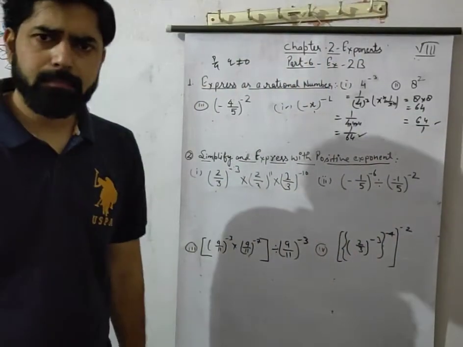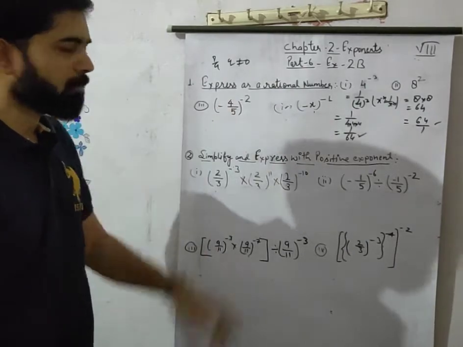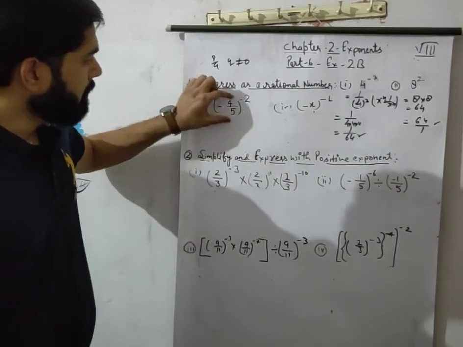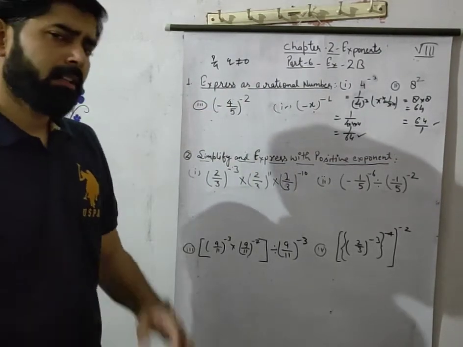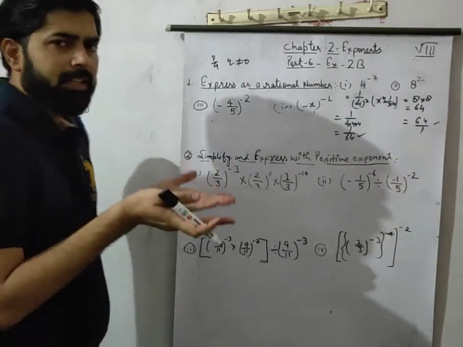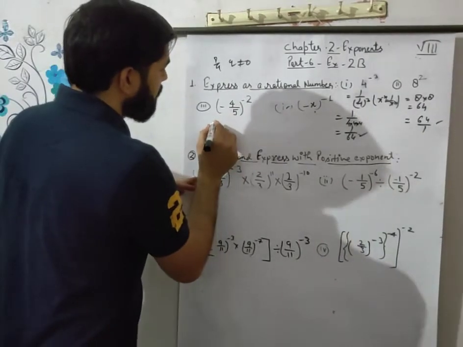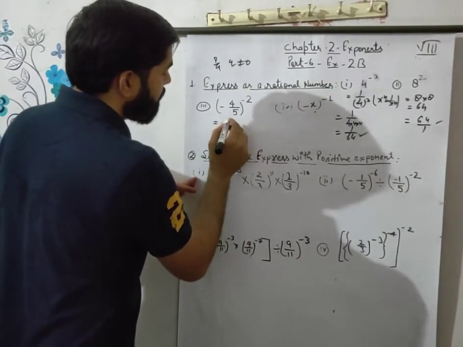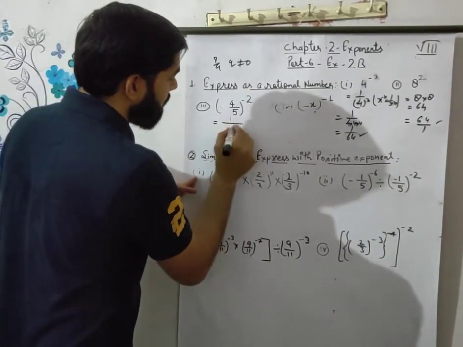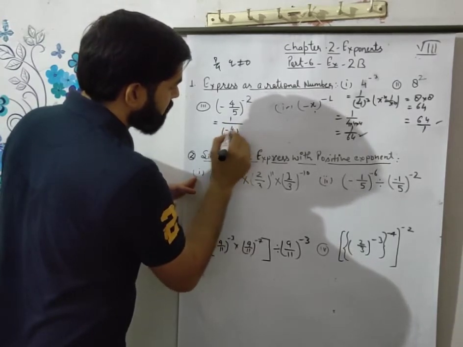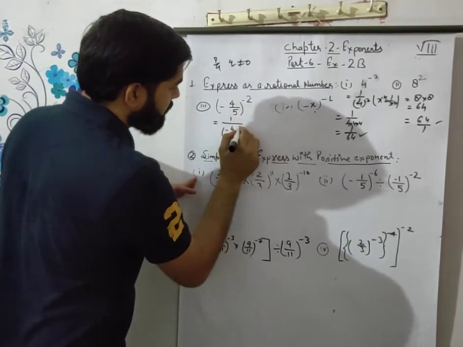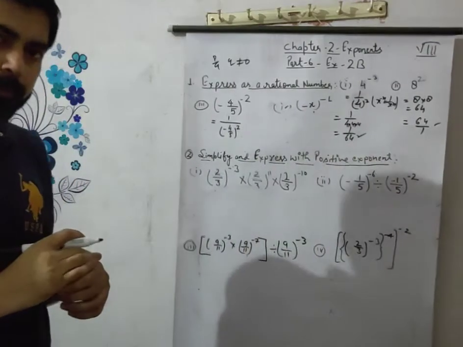Now the third is minus 4 upon 5 raised to the power minus 2. The number is given in rational form and the power is negative. Very easy, we can solve it easily. Minus 4 upon 5 raised to the power minus 2 we can write as 1 upon minus 4 upon 5 raised to the power 2, because of the rule.